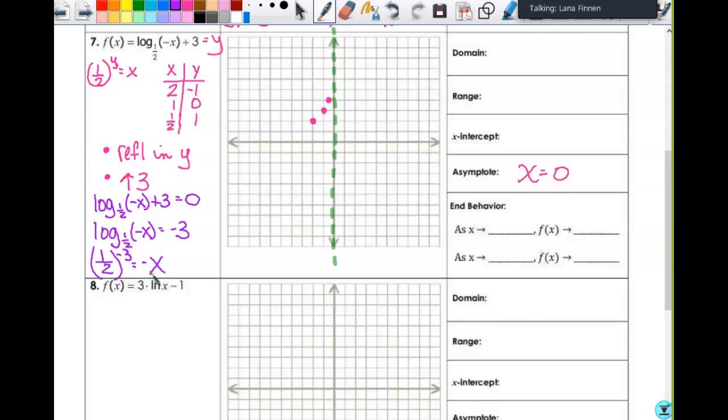What does the negative do? It's a reciprocal, right? So it gives me 2. What's 2 to the 3rd power? 8. So this is 8 equals negative x. So x equals negative 8. Oh. So my x-intercept is at negative 8, 0.